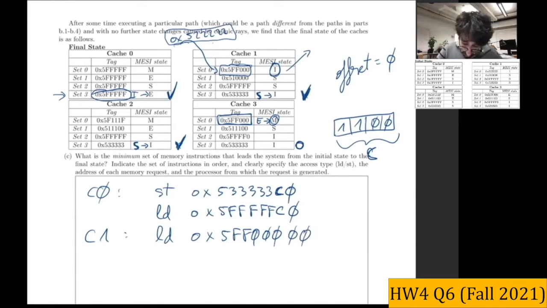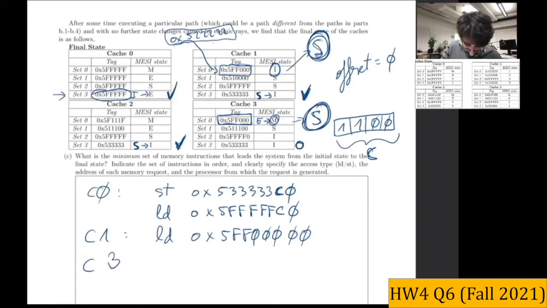So by doing that, we load this cache line in cache 1 in S state, actually, and we put this in S state too, in cache 3. So the final step, we need one more instruction to put this cache line, modify the state in cache 3, and invalidate the same line in cache 1. So let's do that.